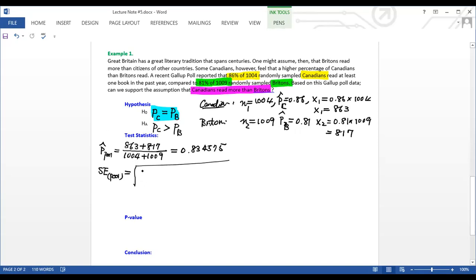I have the pooled P hat times 1 minus the pooled P hat, divided by the first number 1004, plus the pooled P hat times 1 minus the pooled P hat, divided by 1009.